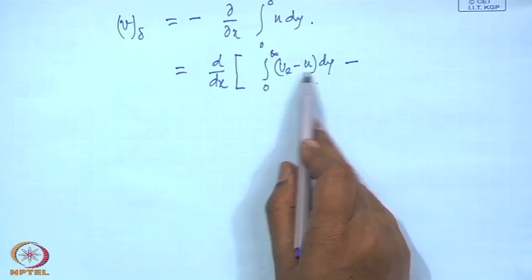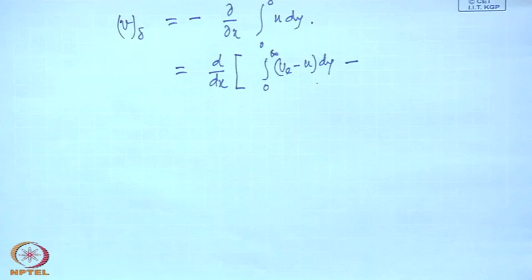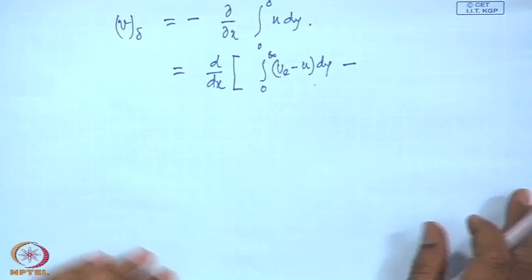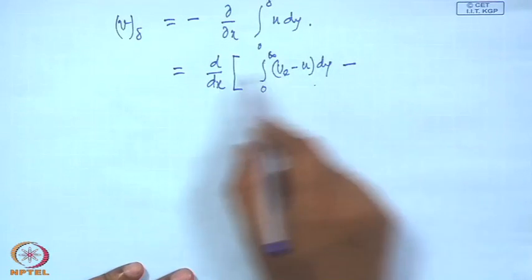Let us say this is this integration U E dy extended, and the derivative of that constant is 0.